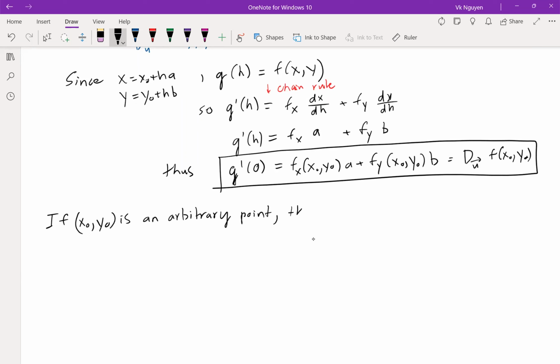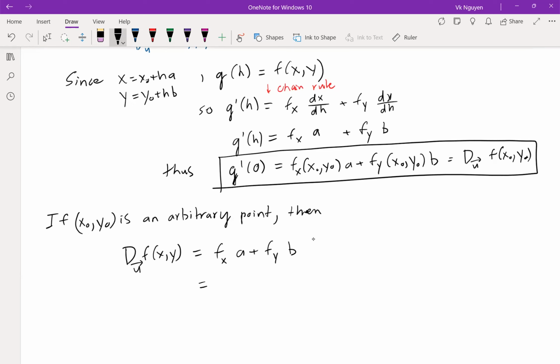Then the directional derivative in the direction of the unit vector u is fx a plus fy b. Oh, look at this one here.